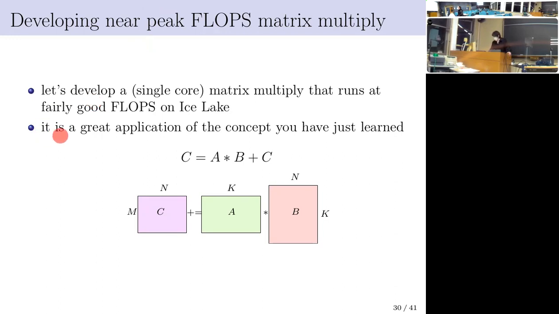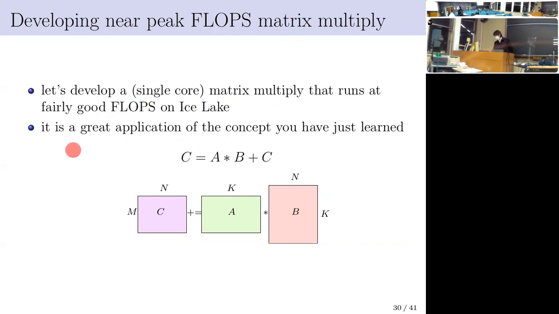Anyway, the goal is to develop a single-core matrix multiply for now. Extending to multi-core is not very difficult, but for now it's a single-core matrix multiply that runs at fairly good flops on the isolated processor you have.